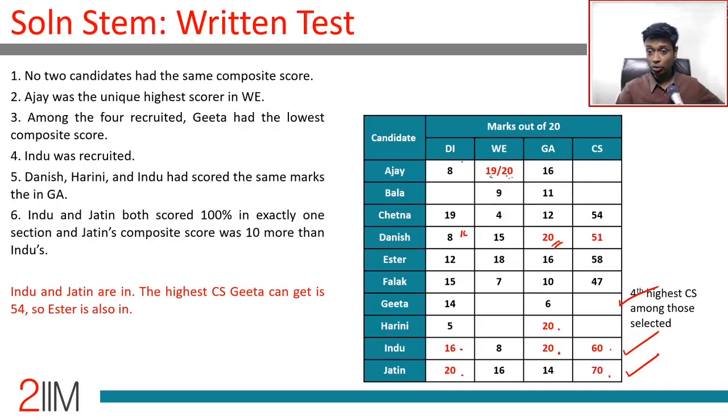So Ajay's composite score, 8 into 2 is 16. 16 plus 16 is 32. So Ajay has scored either 32 plus 19 or 32 plus 20. 32 plus 19 is 51. 32 plus 20 is 52. 51 is not possible because Danish has got 51 and everyone should have got a unique CS. This is ruled out. I'm going to put this as 20.